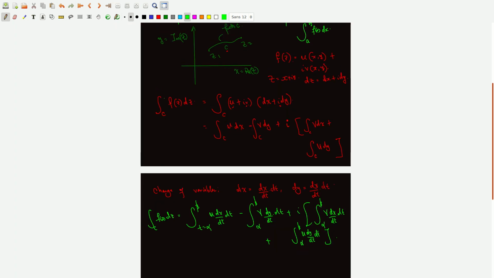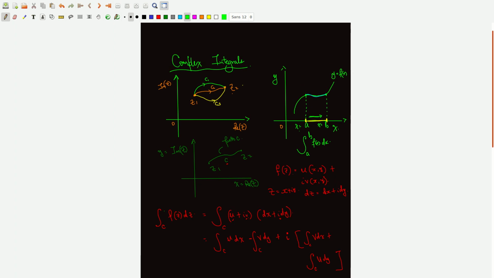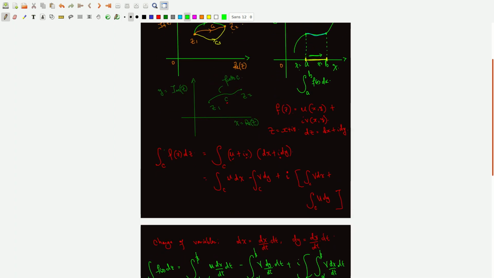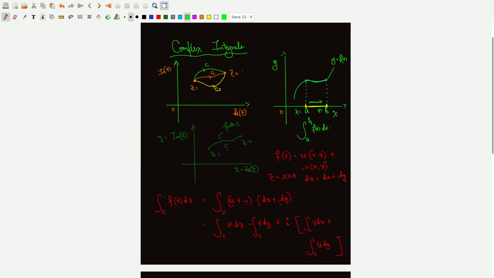So this is a brief. In summary, for complex integration, the difference with our normal integration of real valued functions is that we can take multiple paths. Therefore, if we are going to integrate from one complex number z1 to the other, we shall also have to define the integration path we are taking.